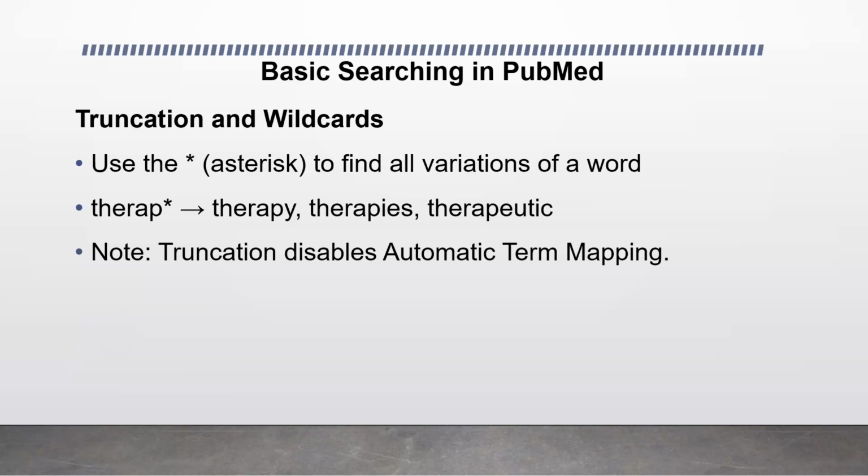And then you can do truncations and wildcards, especially the asterisk, which is widely used in various databases, but you can also do it with PubMed. You can truncate words, for example, the word therapy, like how it looks over there. When you truncate, it can find all the variations of a word.